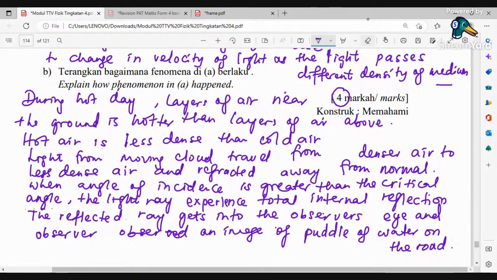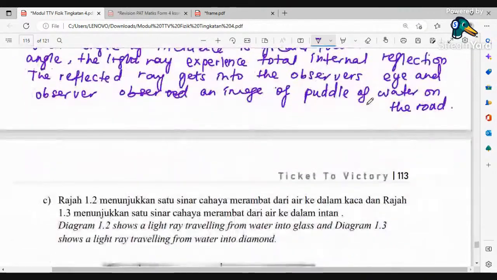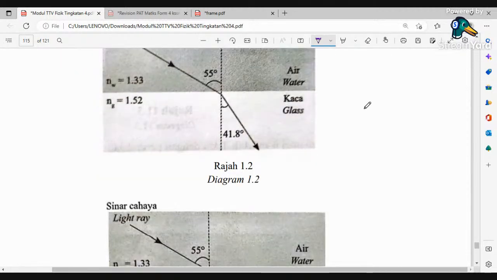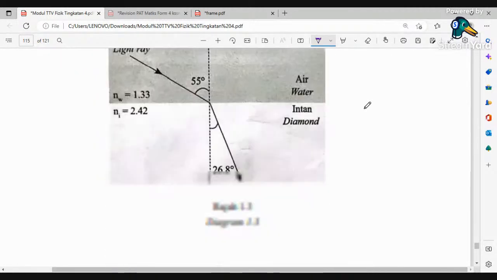Okay, bahagian C, diagram 1.2 shows a light ray traveling from water into glass. 1.3 traveling from water into diamond. Okay, ini diamond, ini glass. Okay, soalan.